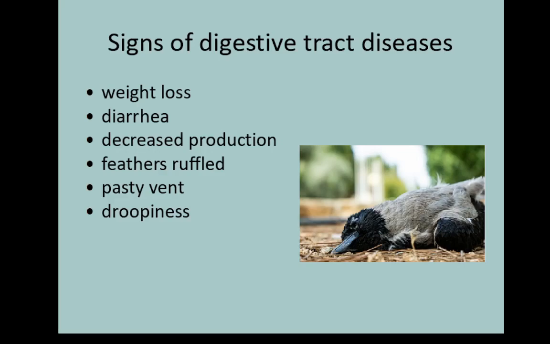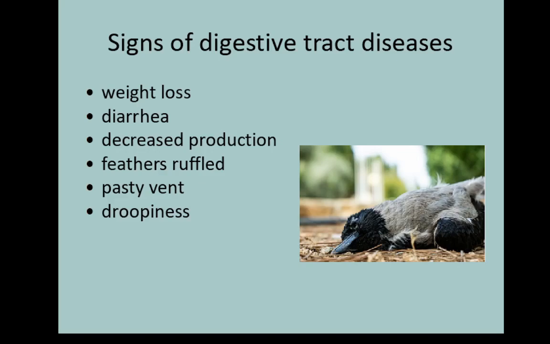And then next is decreased production. If you're consistently weighing them weekly and you're monitoring their egg production, any sign that there is a decrease in production could be a sign of an ongoing digestive tract disease. And then, of course, as mentioned, consistently ruffled feathers.